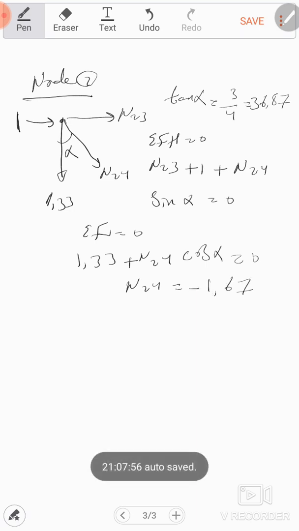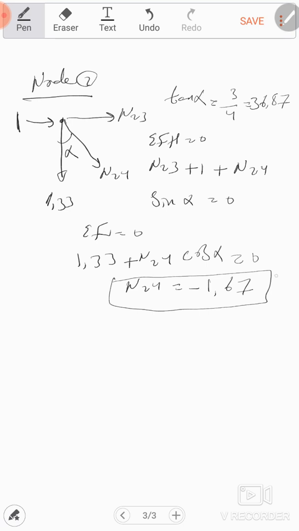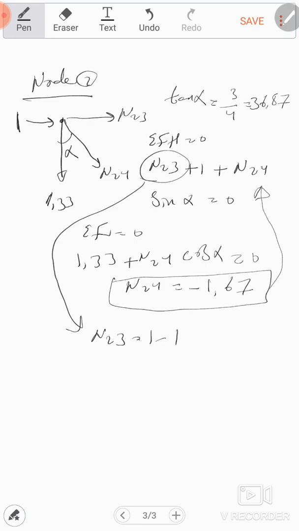Okay, then substitute in this equation. In this equation you will get N23 equal to 0: 1 minus 1 after substitution equals 0.